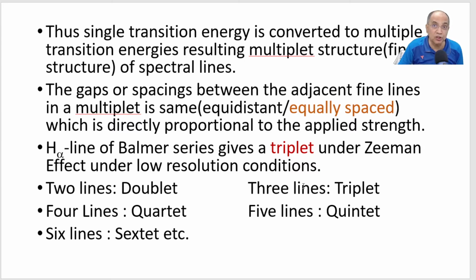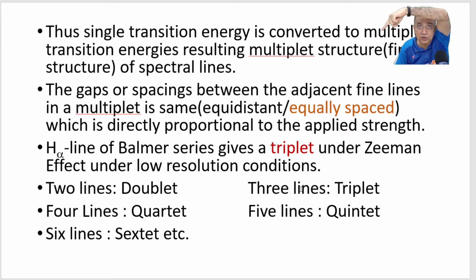Under low resolution condition, there is no anomalous effect, because there is one unpaired electron; under high resolution condition and Zeeman condition, these 3 lines will be split into many other lines. We are not discussing that. In this video, we are going to end very soon. It is only speaking of the low resolution Zeeman effect.